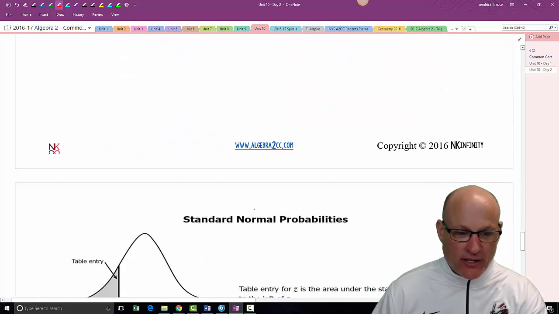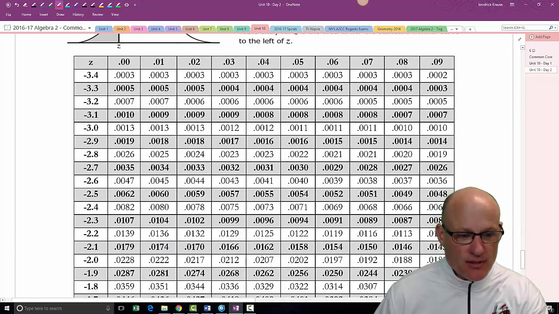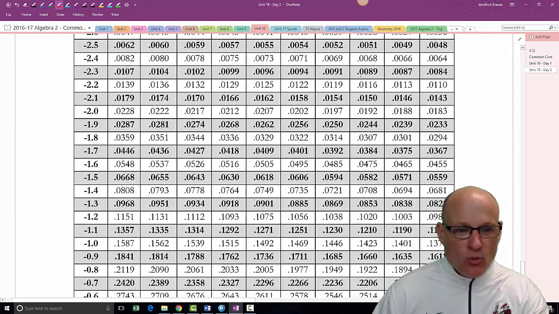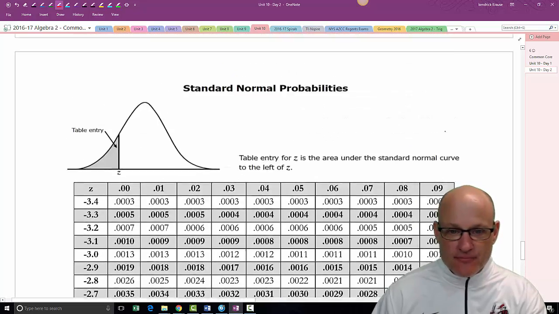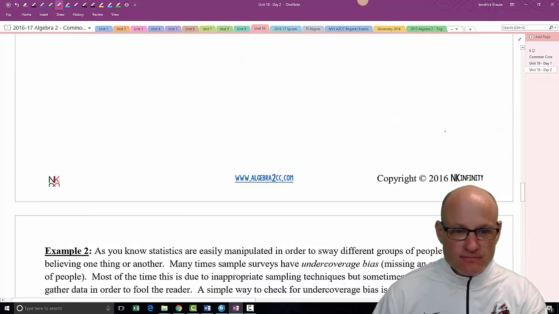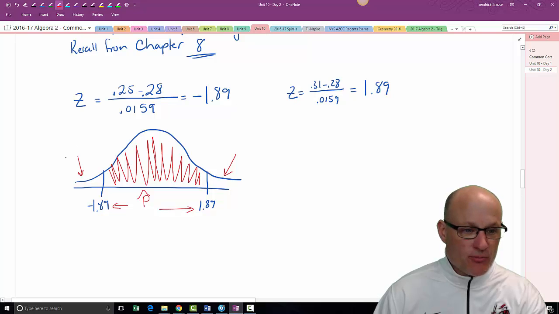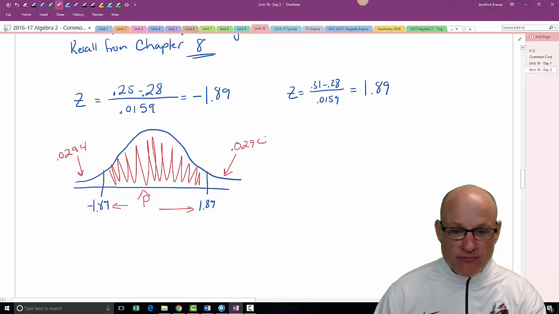So let's go find 1.89. 1.89 is right here. 0.0294. So let's go back. So this is 0.0294, and this is 0.0294, correct?